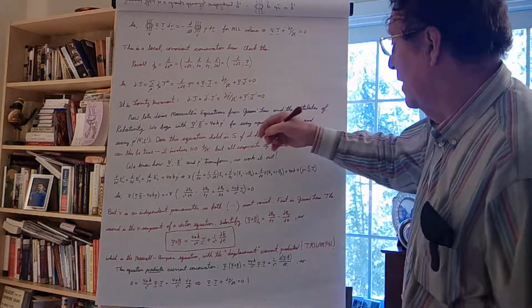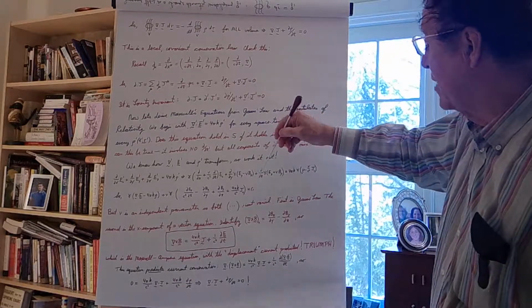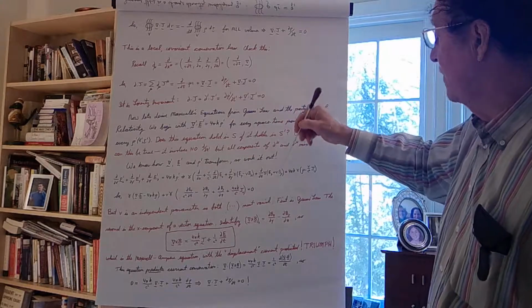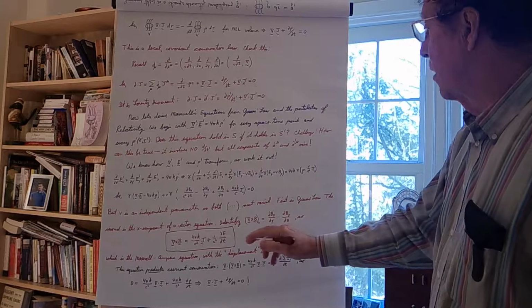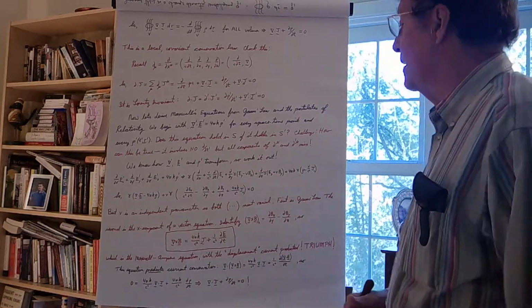Okay, but anyway, we can write this down, because here I made the identification of the tricky part, that this collection of derivatives of the B field is just the curl of the B field in the x direction. So I'll write it down now for all three components as a vector equation.